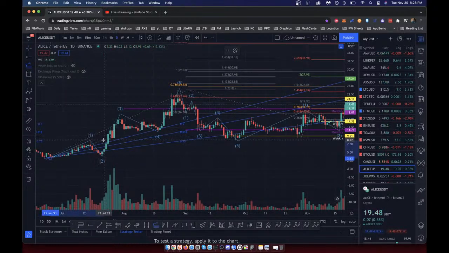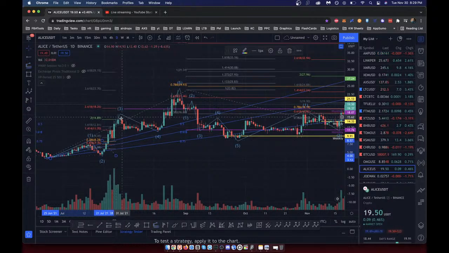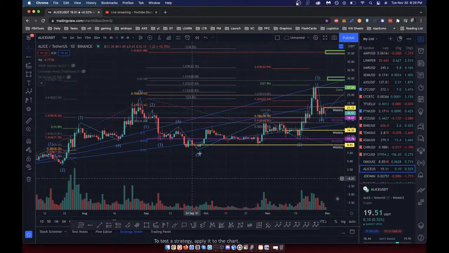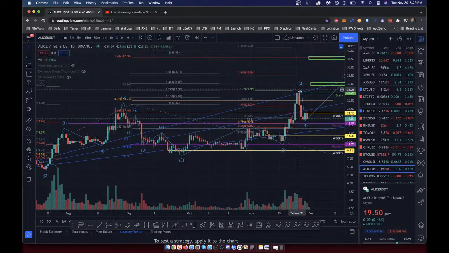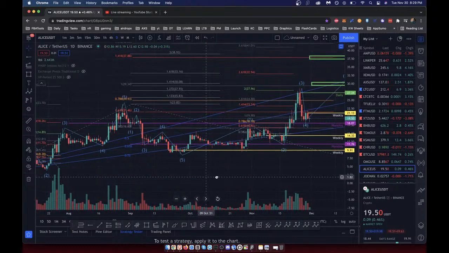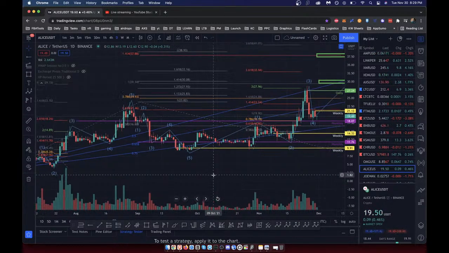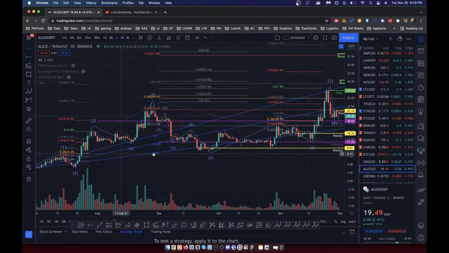Let's check again. So yeah, we hit the 2 on this Elliott wave 1. You can see here on this Elliott wave 1, we've hit the 2. So assuming that this is the same, we came and we touched for Elliott wave 3. Well, let's see first.